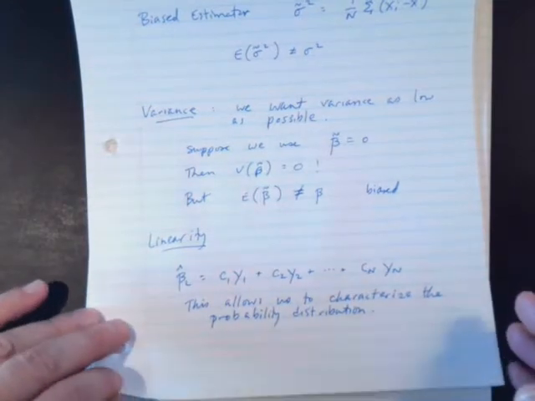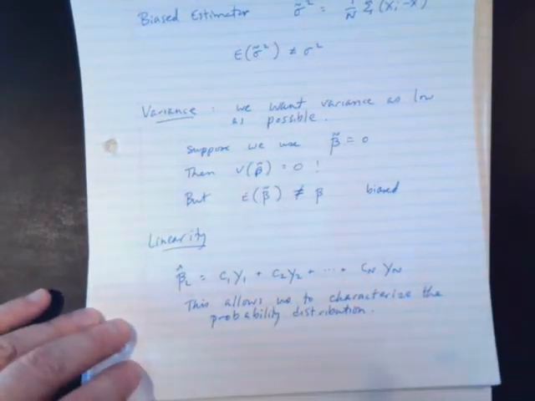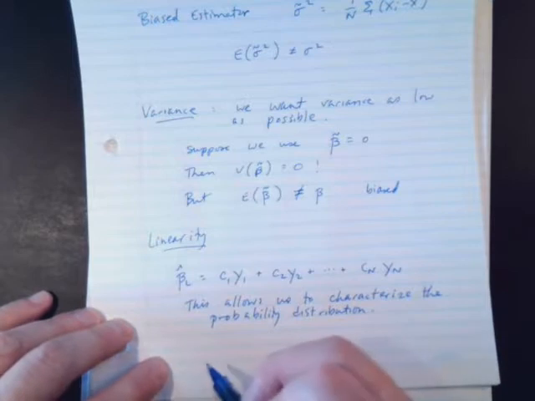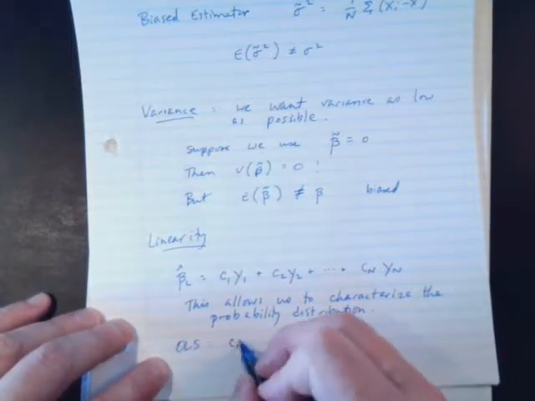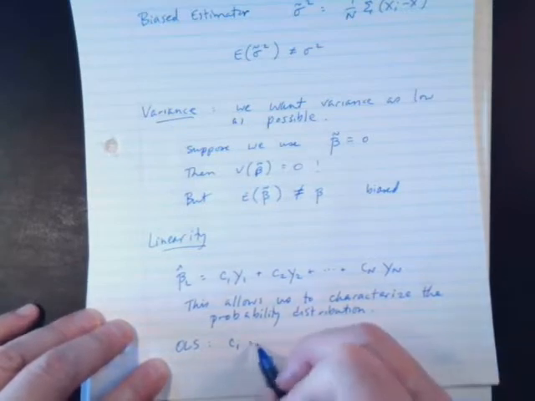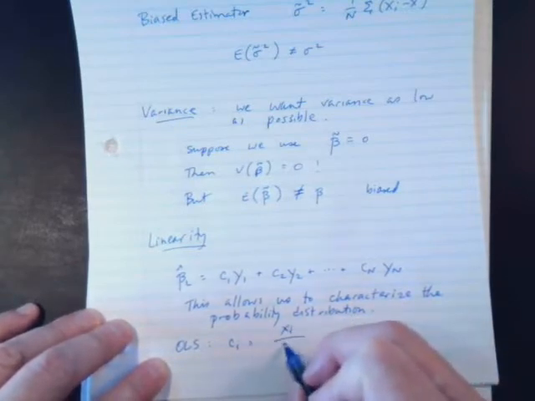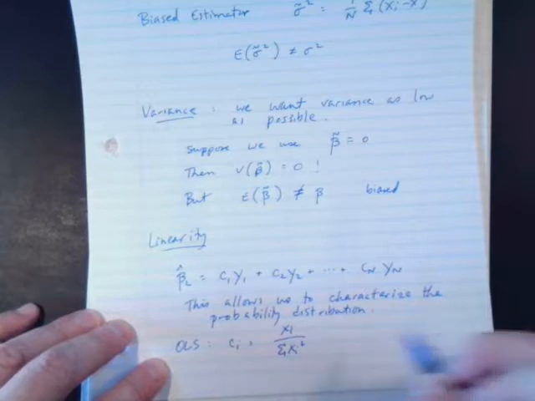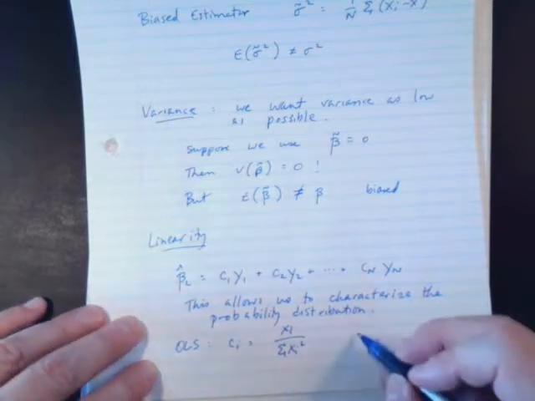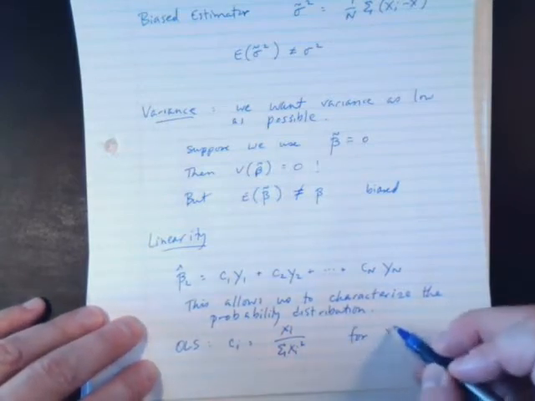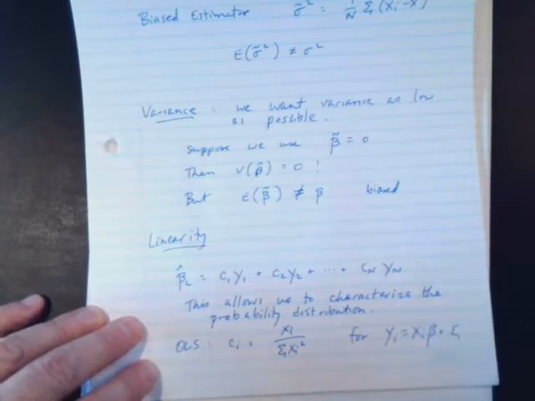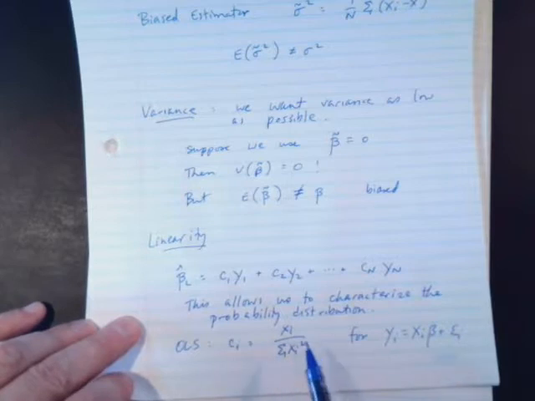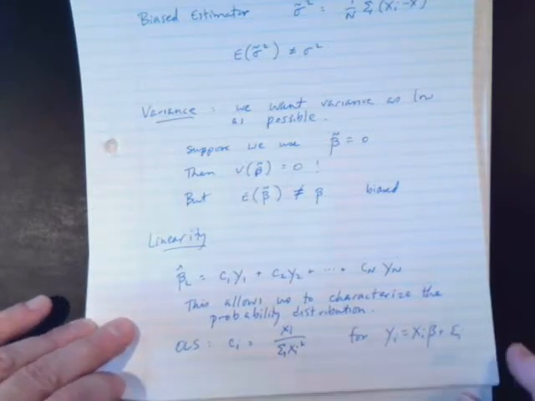Sometimes it's still possible. It's just extremely difficult. Now, I should also point out here, in the OLS formula, each of these c i terms is x i over the sum of x i squared. And that's in the case of our simple regression model. All right, so we've seen that previously.